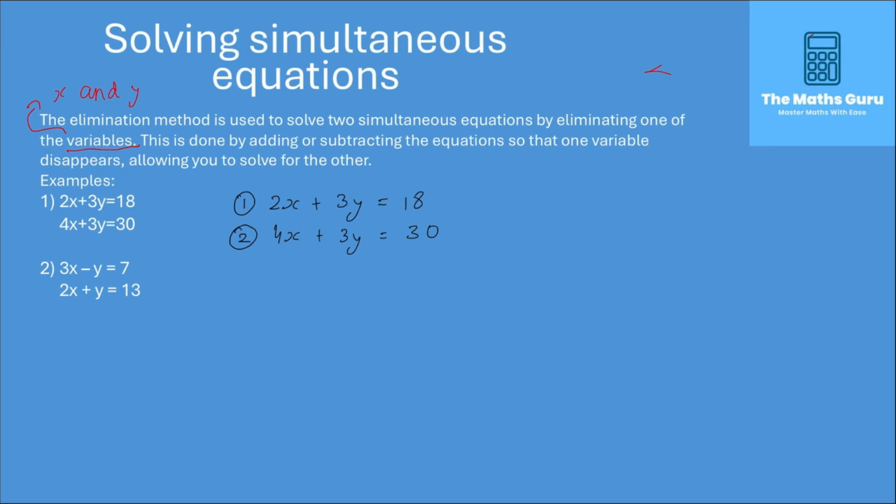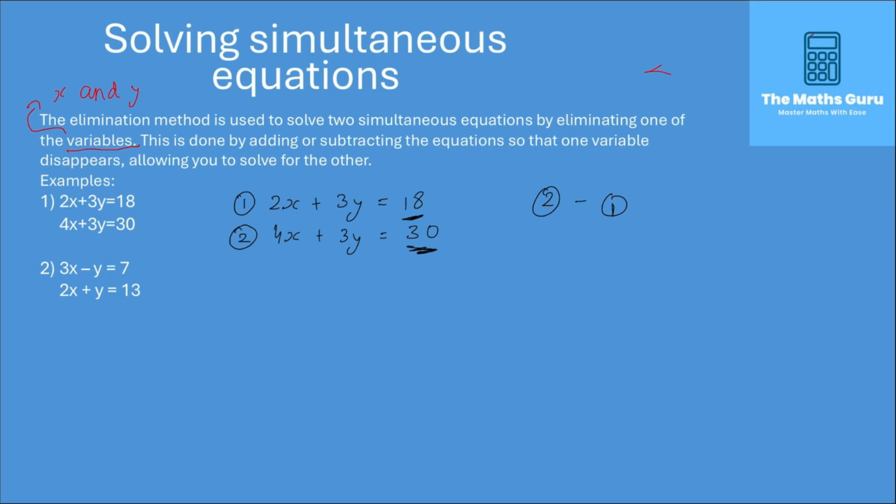When the equations have the same operation being applied, in this case we have a plus, we minus one equation from the other. I'm going to do equation 2 minus equation 1 because the answer to equation 2 is larger than the one for equation 1, so I want to get a positive answer once I conduct my minusing.